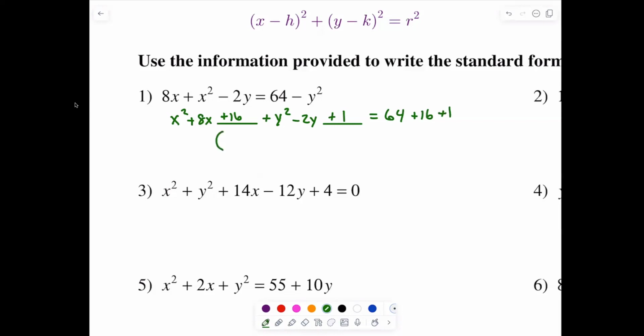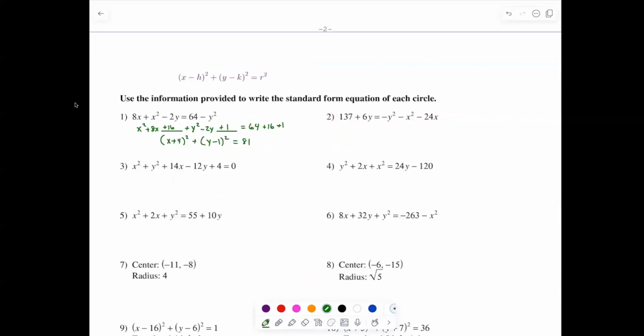Now remember, it always factors to whatever the half was. So now we're going to write x plus 4 squared plus y minus 1 squared equals, I think it's equal to 81. Anybody got a problem with that?